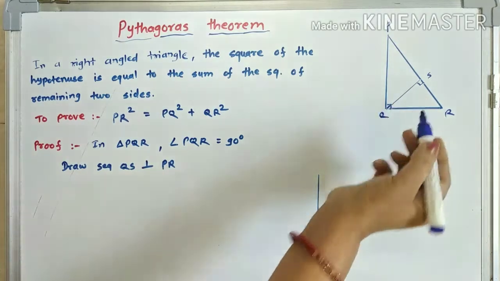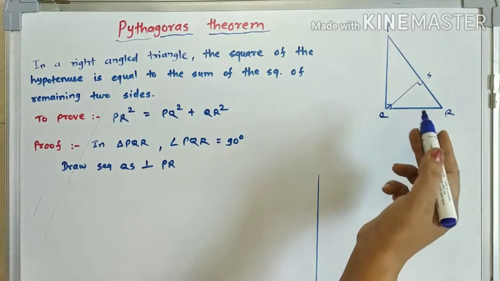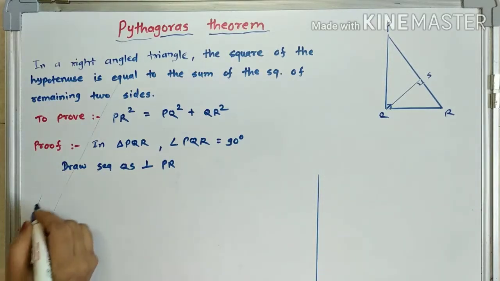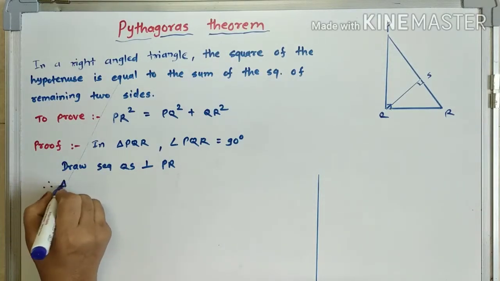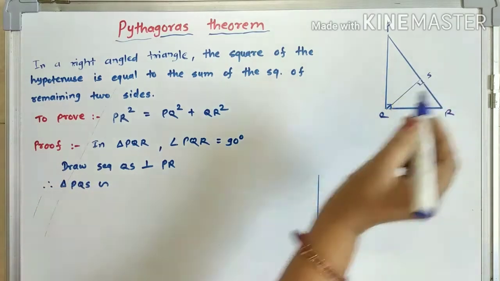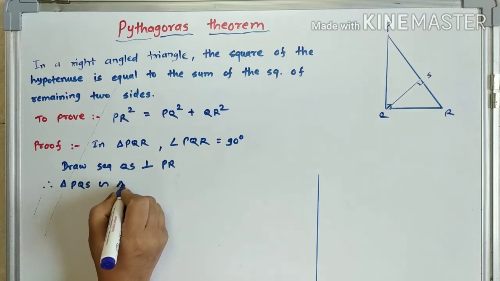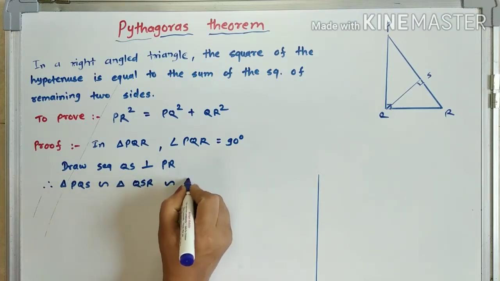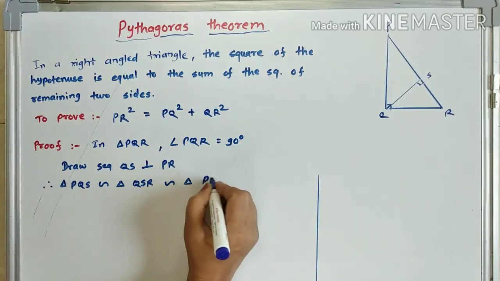Two triangles are formed and these two triangles are similar to each other and to the original triangle also. Therefore, triangle PQS and triangle QSR are similar to the original triangle PQR.